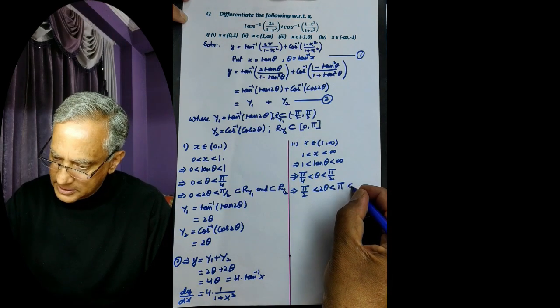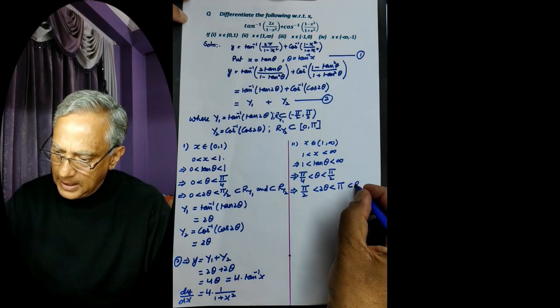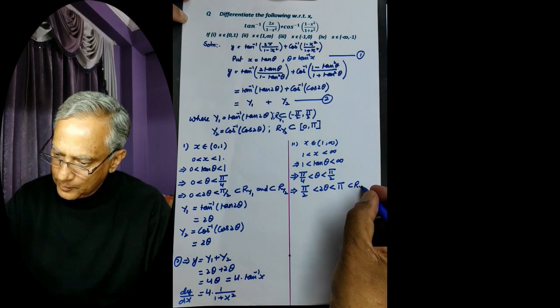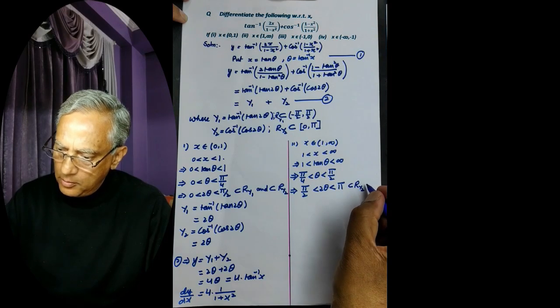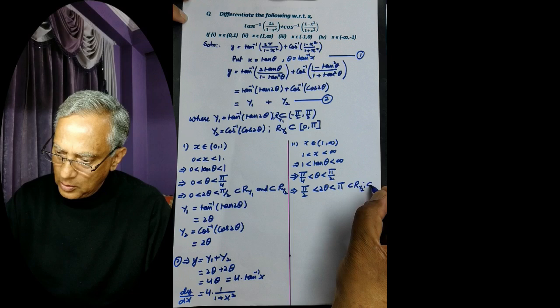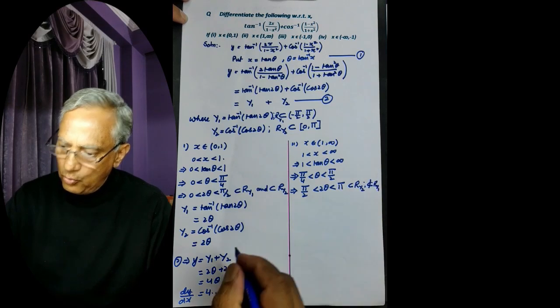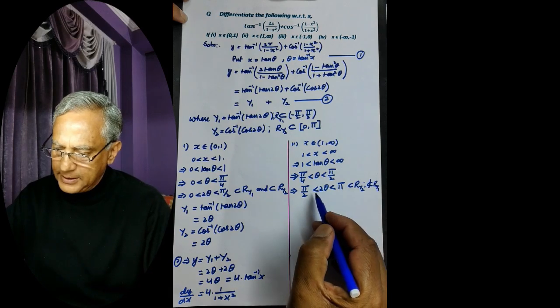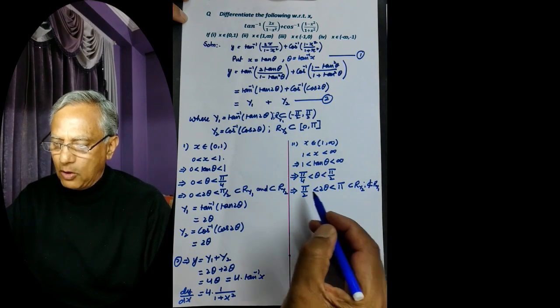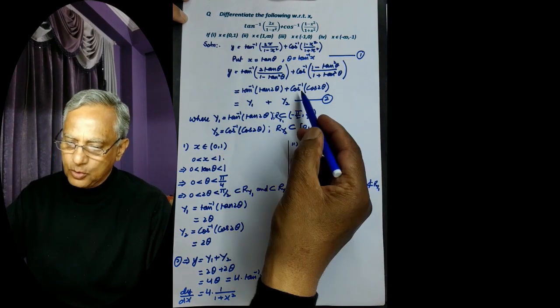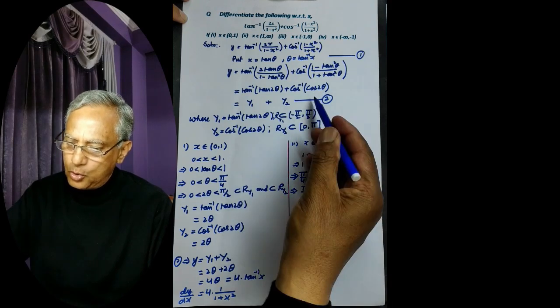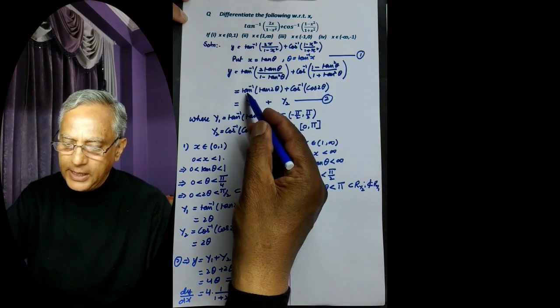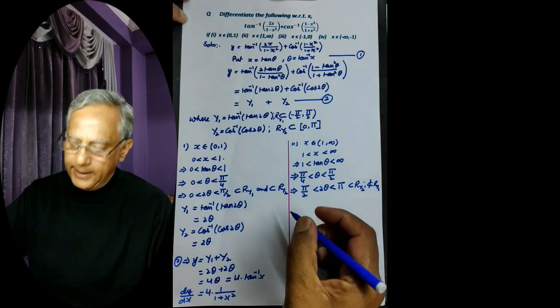This is a subset of R y2, but not a subset of R y1. For y1, this is not within the range, and for y2, this is within the range. So for y2, this will be equal to 2 theta. And for this, we have to manipulate.